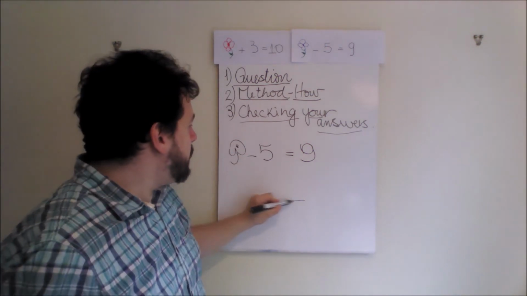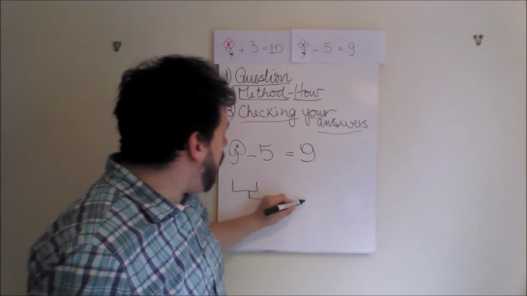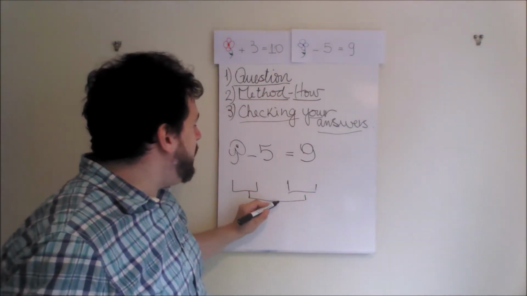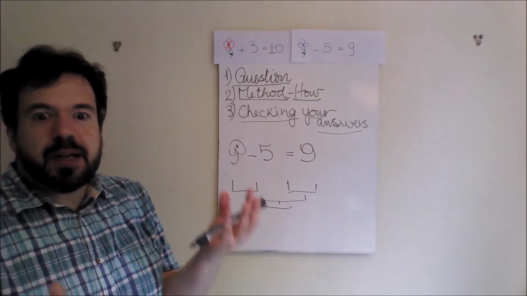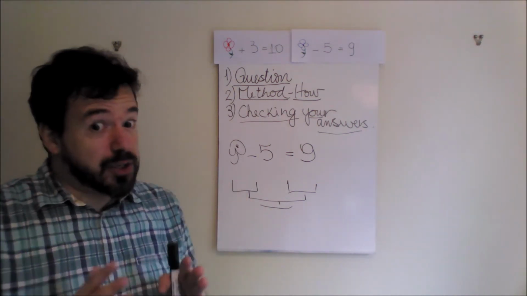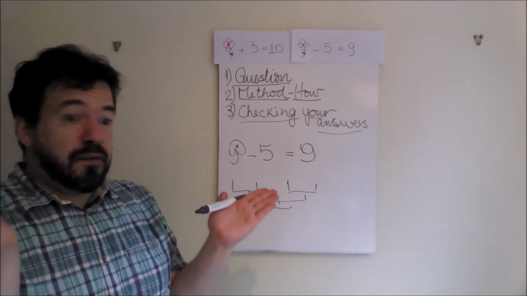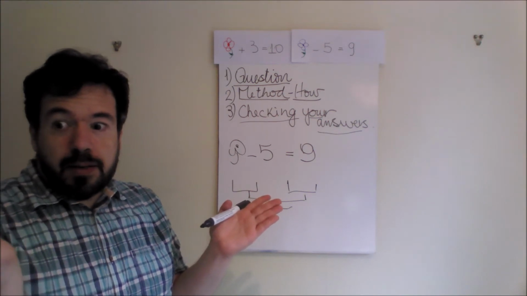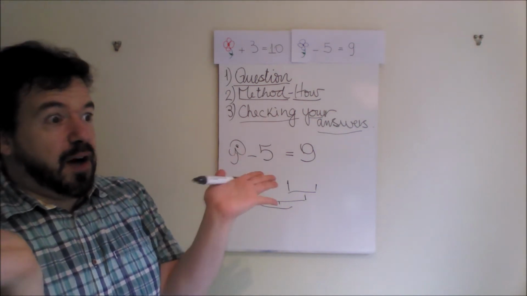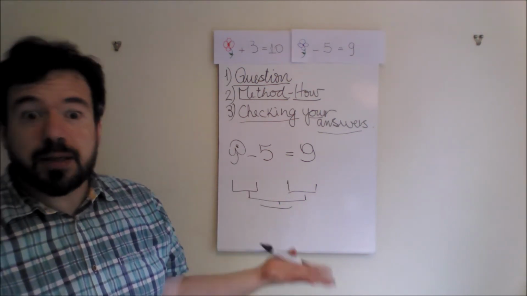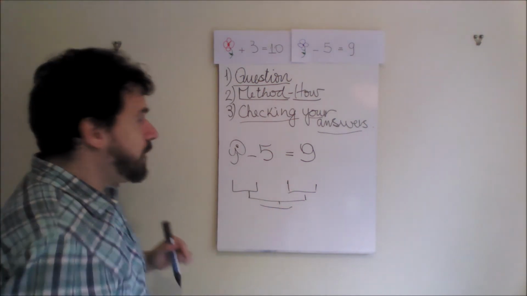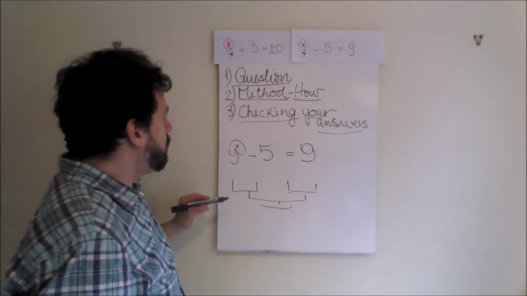Think about if you have at home or in school, you can even make scales with paper plates, plastic cups, but make sure that the objects weigh the same. You don't want 5 bananas on one side and 5 watermelons on the other. It's 5 and 5, but the weight is completely different. Make sure you have that.